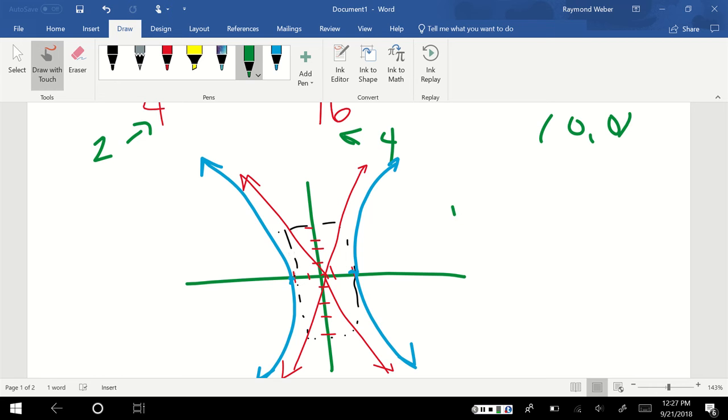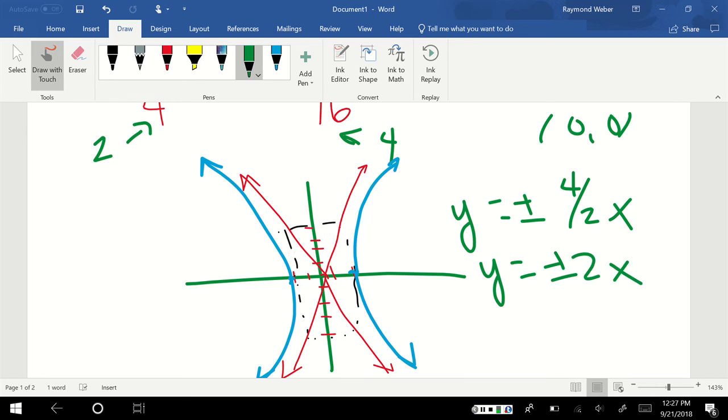Now what's this line? Well, this is y equals plus or minus, I went up 4 over 2, its slope. And if there had been a translation, I would have just put them with the y and with the x. So this is y equals plus or minus 2x.